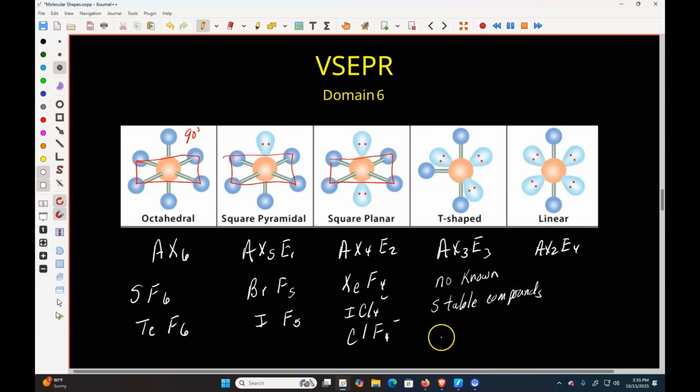However, there are some ligands that may exist that have this structure. All right, the last one is linear again, 180 degrees. And an example would be XeF2, for example.